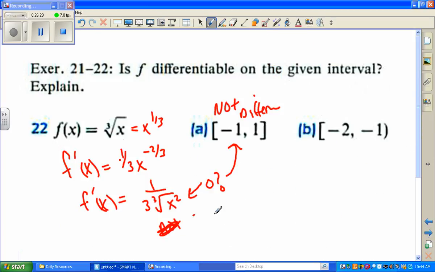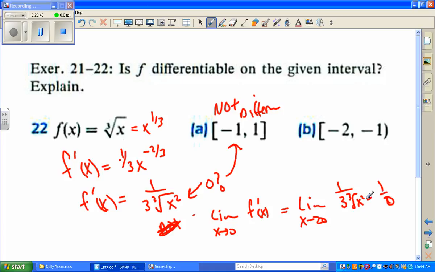So the limit as x approaches 0 of the derivative, which is the limit as x approaches 0 of 1/3 times the cube root of x squared, equals 1/0. It's going to be a vertical tangent line because it looks like a vertical asymptote on a regular function. The question is, will you ever get a negative value out for this?